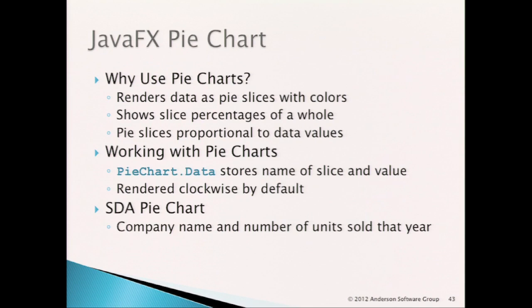However, that's the default, right? If you want to draw them in a totally different way, counterclockwise, or start in a random way or anything like that, there are APIs that will allow you to configure both the starting position and the drawing direction. In the SDA, the company name is the name in the pie chart, and the value is the number of units sold in that year for that company.